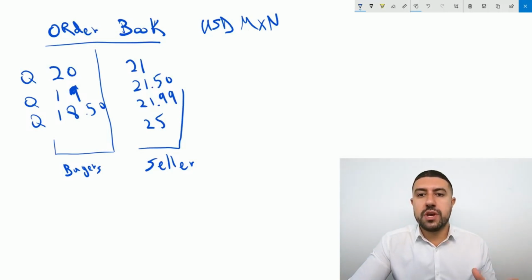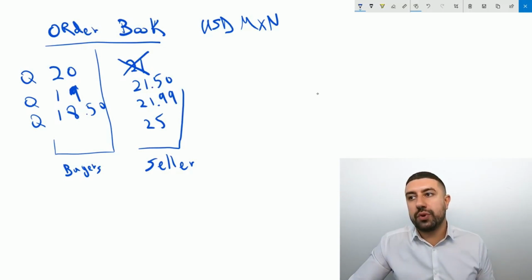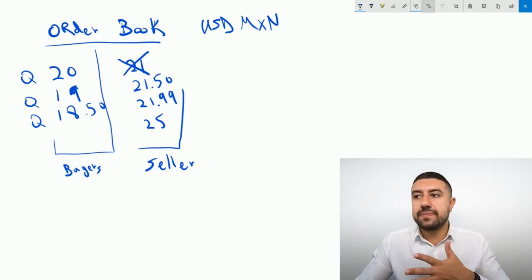These are open orders. Now, if somebody comes in and says, well, I want to buy Mexican pesos at 21, and somebody is willing to sell them at 21, this order is going to be removed as long as they have the same quantity, and it's going to come off the order book, okay? And it will just show up as a transaction that happened, okay?